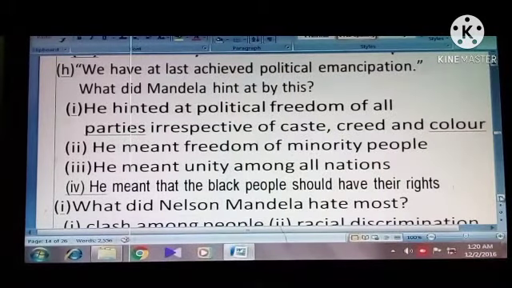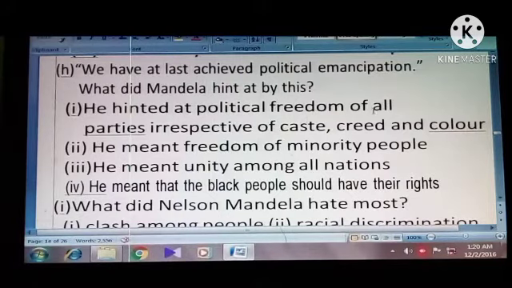We have at last achieved political emancipation. What did Mandela hint at by this? Number 1, he hinted at political freedom of all parties irrespective of caste, creed and color. Number 2, he meant freedom of minority people.